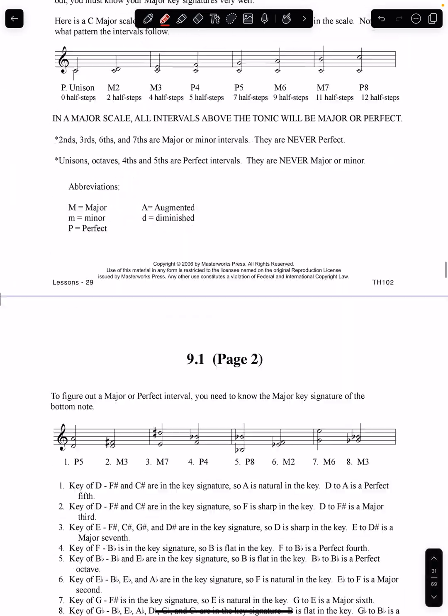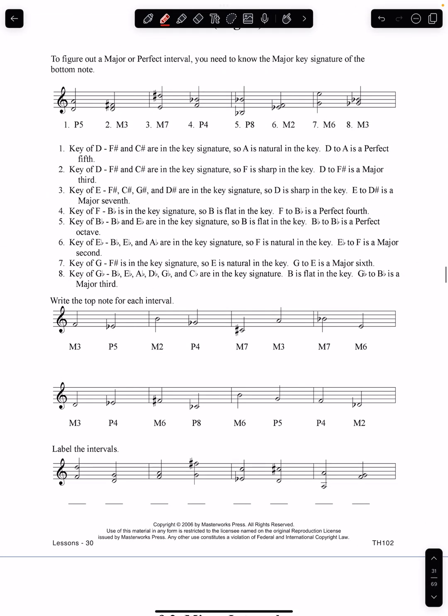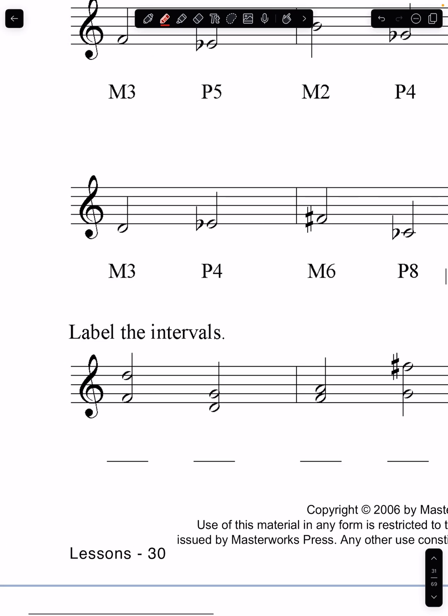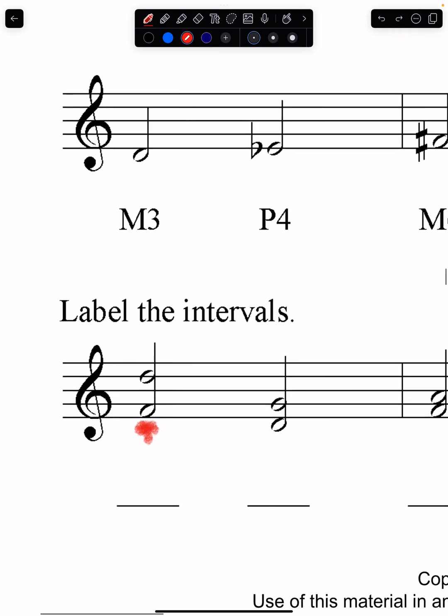Okay, so last week, whenever we were looking at perfect intervals, we did something like the following, labeling these intervals right here. So let's take a look at this. If we are in F major, we know that F has one flat, which is a B flat right there. Let me use a different type of marker so it's not quite so big. So if we have a B flat right there, we count up 1, 2, 3, 4, 5, 6.